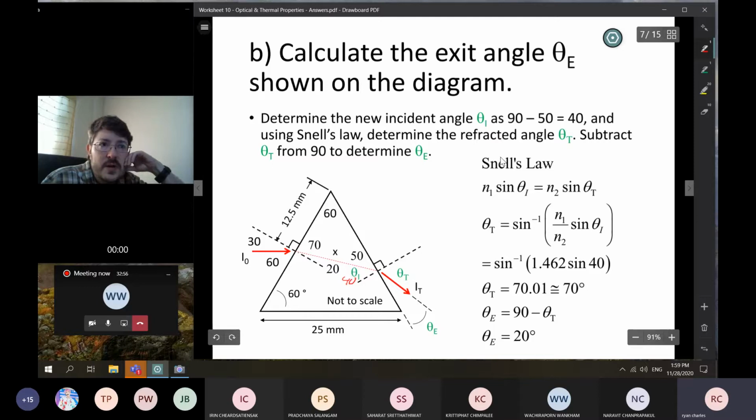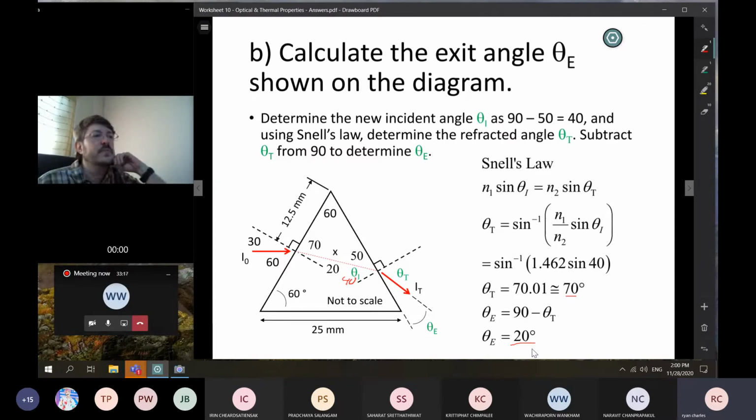So again, we use Snell's law to find the transmitted angle. So now we have 1.462 sine of 40. There was a 1 here, but we divided by 1. That gives us the transmitted angle is 70 degrees. And because this is 90 degrees, the exit angle is 90 minus 70, or 20 degrees. So there you go, that was 20.